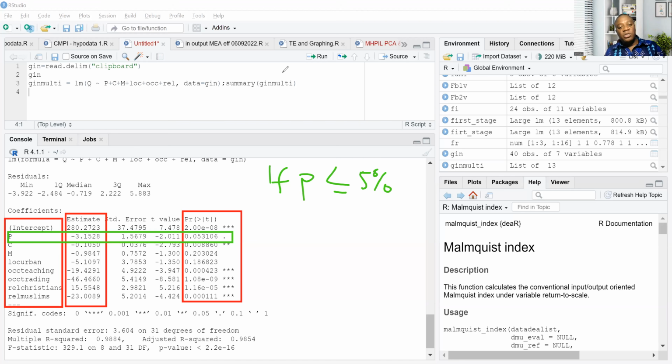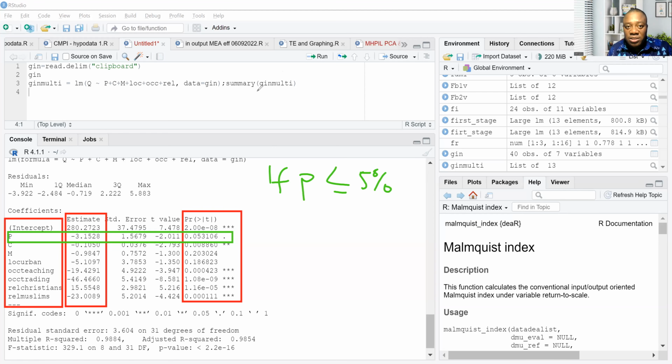Now, remember that I've told you that you should round everything to 2 decimals. This is just my standard I'm giving you. So look at the price and look at the p-value of the price. If you round it to 2 decimals, what do you get?